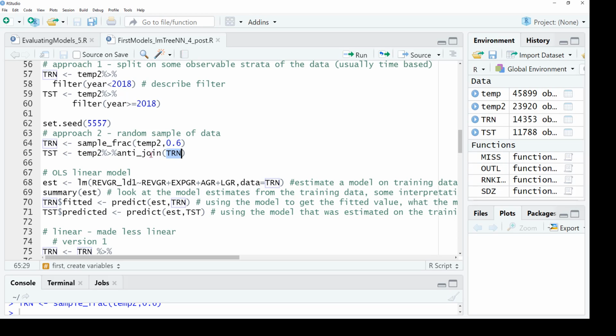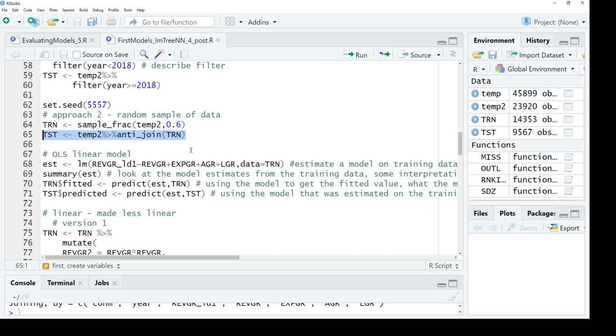So there are other joins you can do, but I'm going to anti-join, meaning from the temp2 data, only pull in things that do not show up in the training data. So test gives me everything else except for what's in the training data. And this is about 40% then, so we've got 9,600 observations here. So now I've got a training data, a testing data.